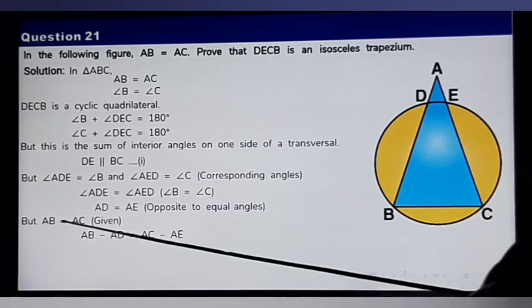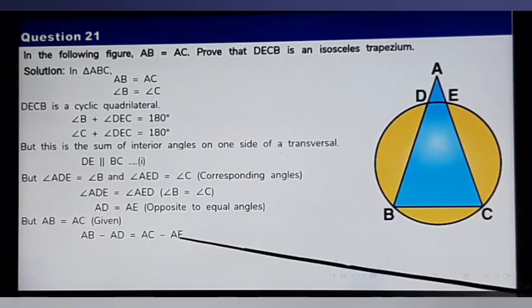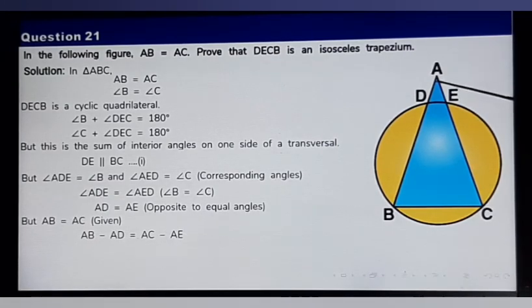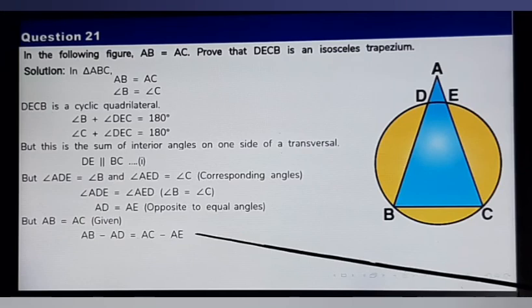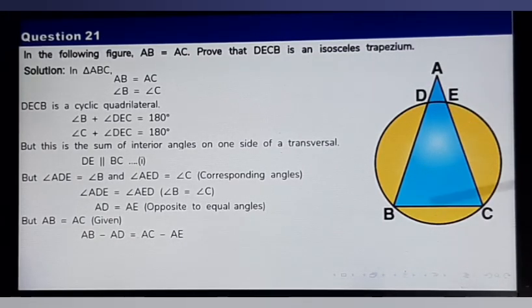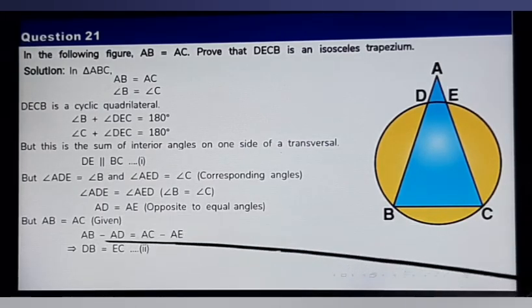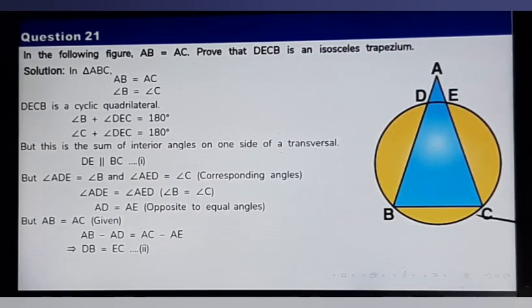If I subtract AD from AB, and from AC I subtract AE, because AD and AE are equal, then what is left? AB minus AD leaves DB, and AC minus AE leaves EC. So DB and EC are equal.